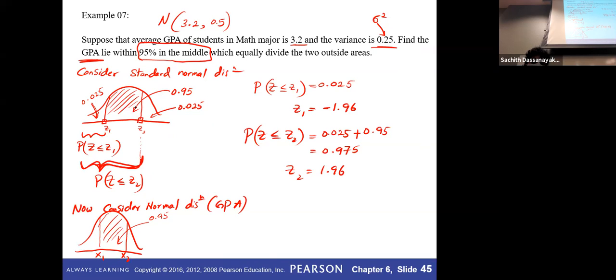But since we know something about areas between normal distribution and standard normal distribution, area doesn't change. That's why we use this approach up to this point. Now we have C1 and C2. Now I'm going to map C1 to X1 and C2 to X2.